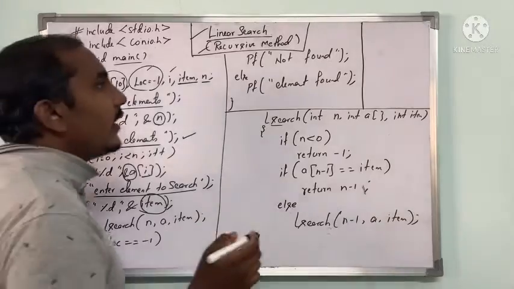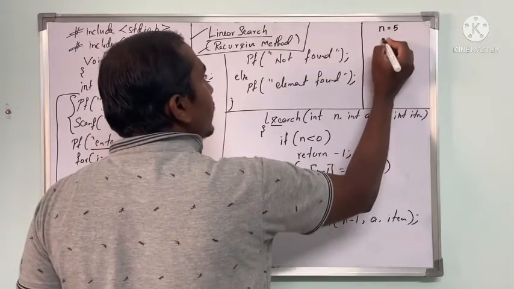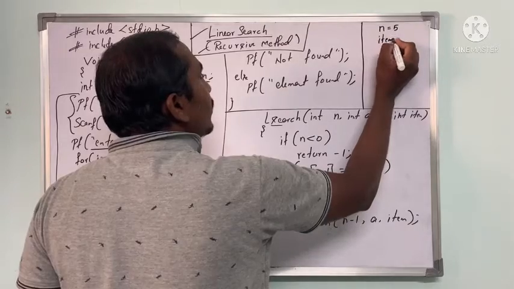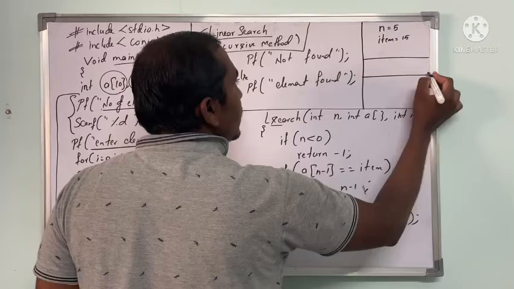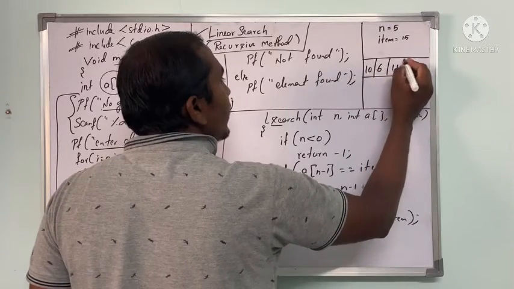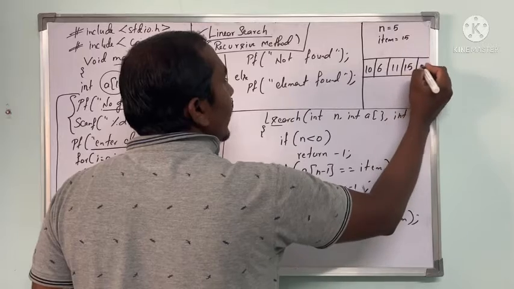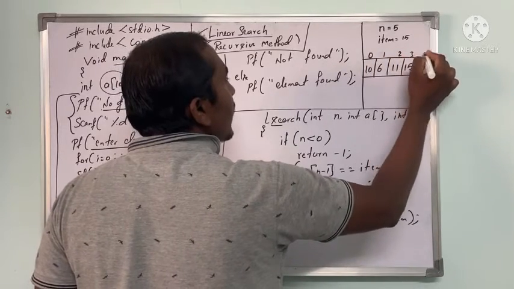Suppose I consider the number of elements as 5 and the element that I want to search is 15. I have the elements 10, 6, 11, 15 and 17, with indexes 0, 1, 2, 3 and 4.